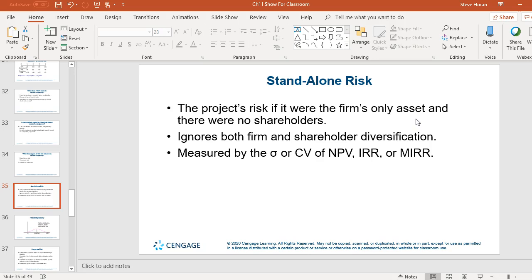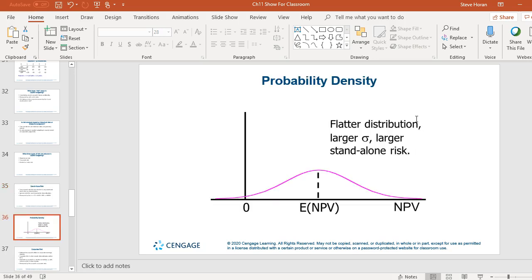Standalone risk is if we just look at that project by itself. Okay, it does not take into account diversification. Let's just say the project we just looked at was the only project that this company had. Well, that's standalone risk, right? Now, obviously, companies have all kinds of projects going on, but standalone risk is just the risk of that one project.